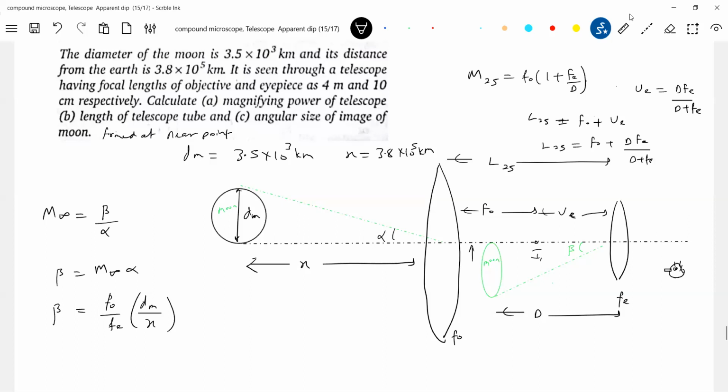Now the diameter of the moon we are able to tell. This is DO, you call it. Diameter of the image. So beta we get from here. After getting beta, what will happen? This beta you can write as di by x. And what is di? Di by capital D.